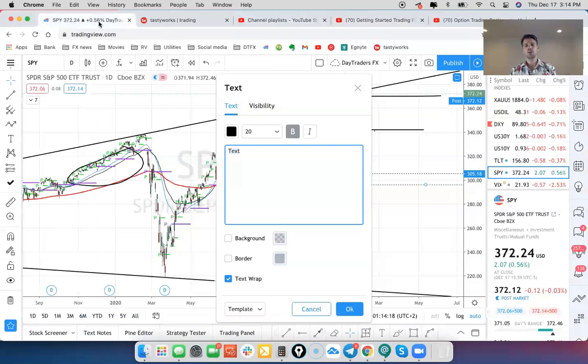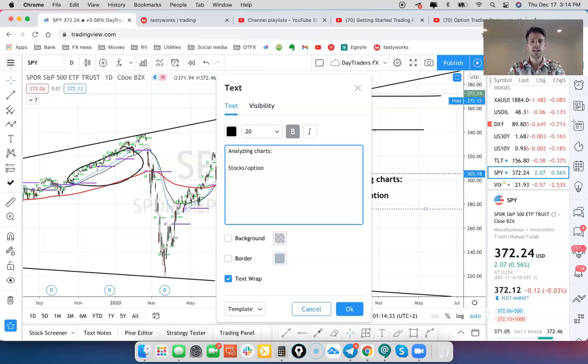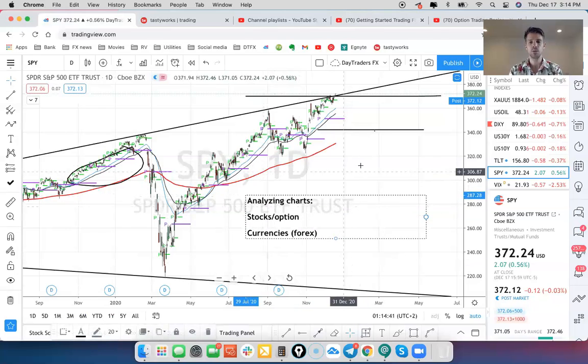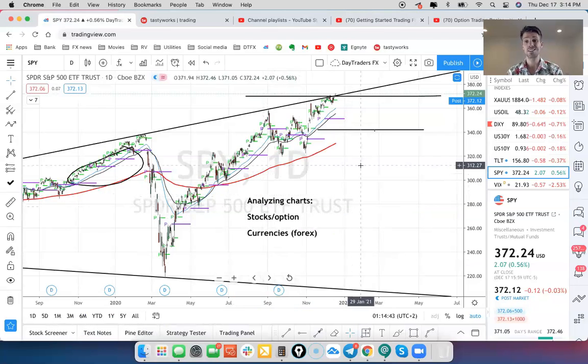So I want to do a little compare and contrast: how do we analyze charts for stocks, options, and currencies, forex, what is the big difference, what are the things that we look for there, and how does that change a lot.